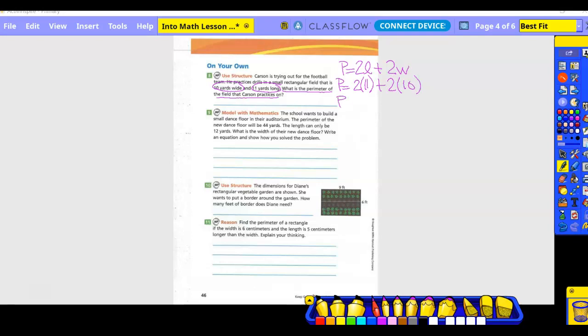So P equals, what's 2 times 11? 22 plus, what's 2 times 10? 20. So what's 22 plus 20? 42. So our answer is 42. And what's my label? Yards.